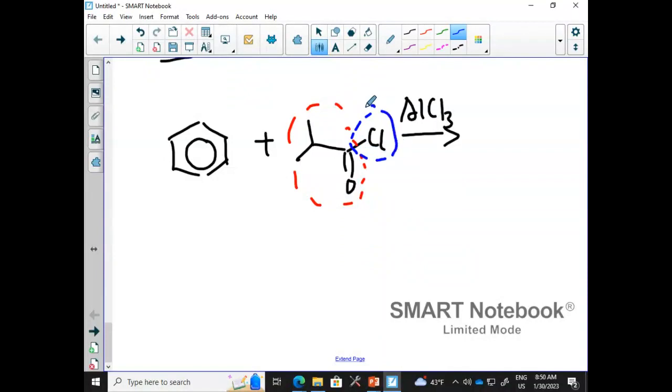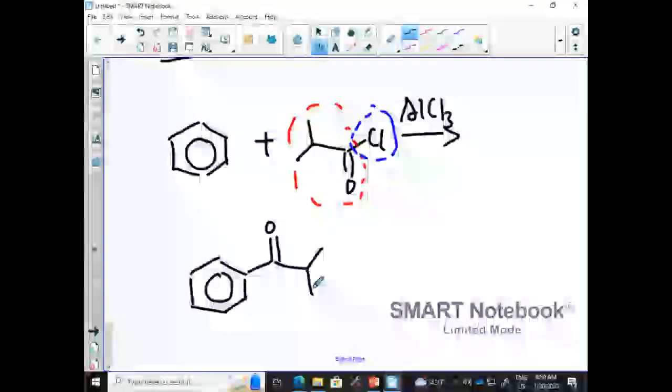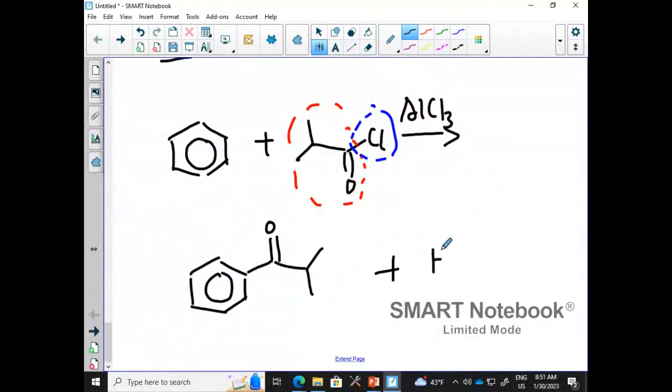It's important that you connect the electrophilic carbon to the ring, so it has to be the carbonyl carbon. Then the rest of the molecule just gets carried over into the product. And the proton from the aromatic ring is going to combine with the nucleophilic chloride, giving hydrogen chloride.